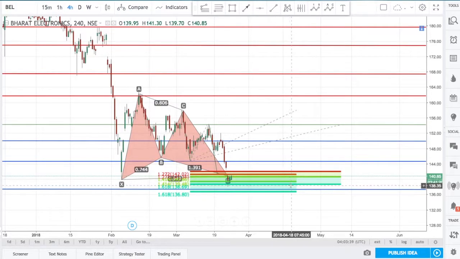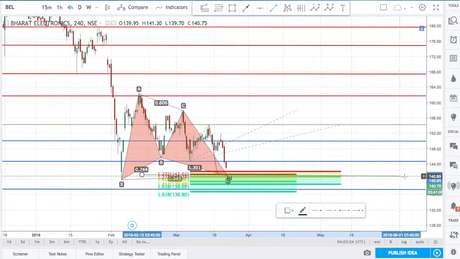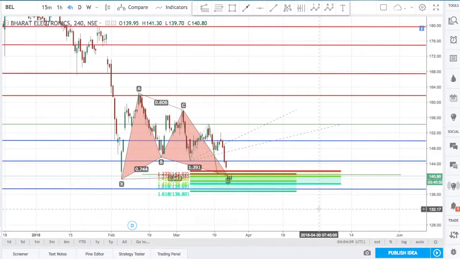There is almost a Fibonacci confluence at this point. Almost. This point here. It's not a perfect confluence, but almost, at the 1.272 and 1.414 kind of confluences at this point.